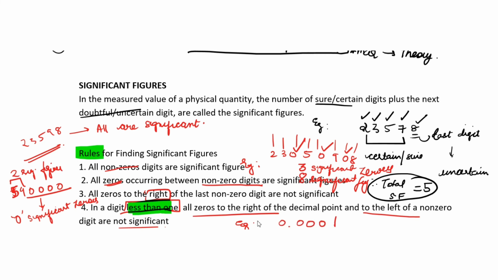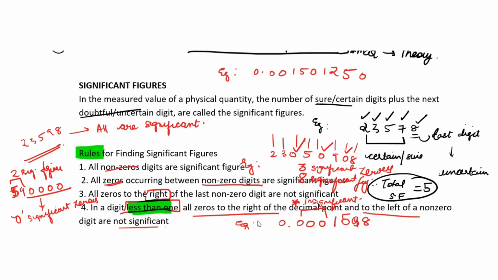These zeros which you see to the right of the decimal point, to the left of the first non-zero digit, are all insignificant. Getting the point? So all zeros to the right of the decimal point and to the left of a non-zero digit are not significant. Understood the point?